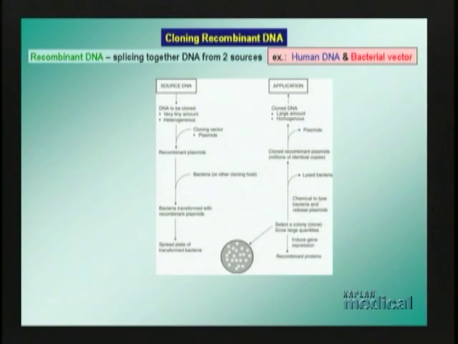Now, the first issue we want to discuss in terms of this overview is, where does the human DNA come from? What's the source of human DNA? Well, one of the two sources of human DNA is genomic DNA. Simply put, if you take some of your tissue and put it in a test tube, get rid of all the membranes and all the histones and the chromosomes, you have naked DNA.